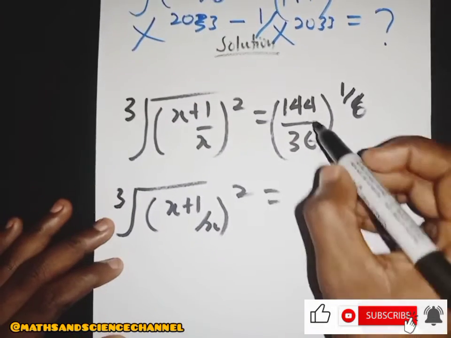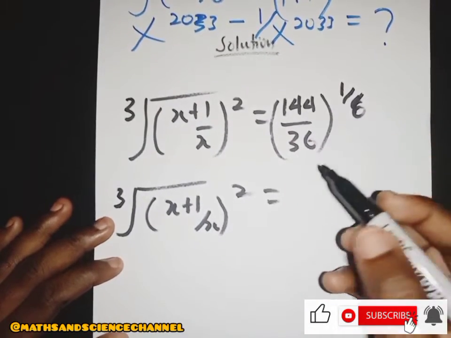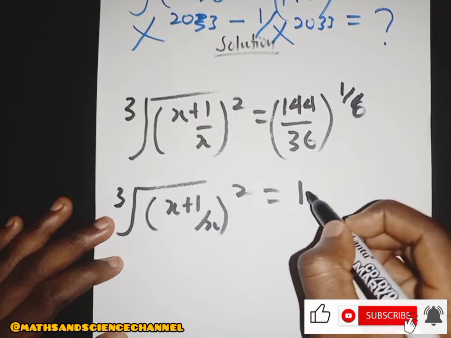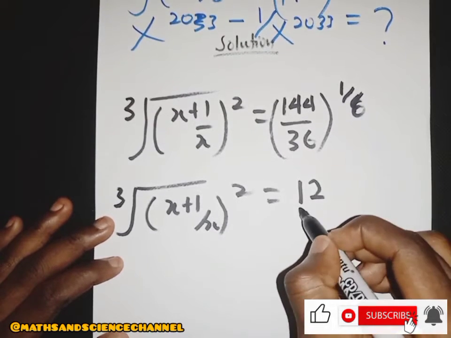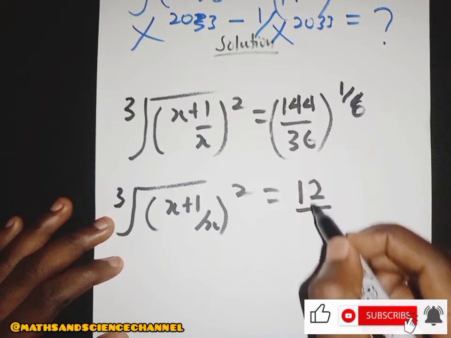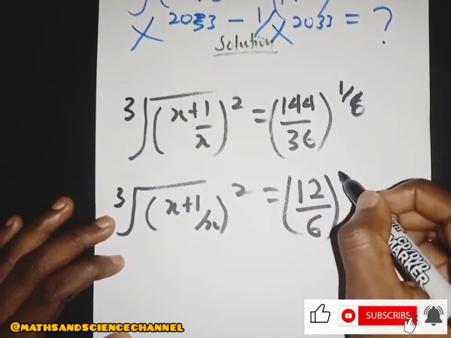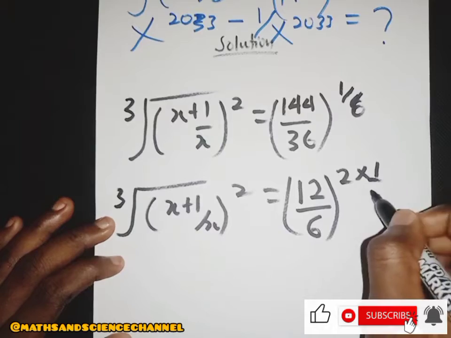And then from here we have 144. 144 is basically a perfect square, so we have 12 to the power 2, and then we have 6 to the power, so we can bring both of them as 2 here, multiplied by 1 over 6.